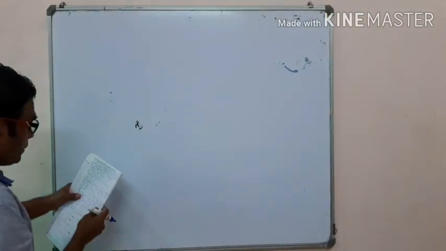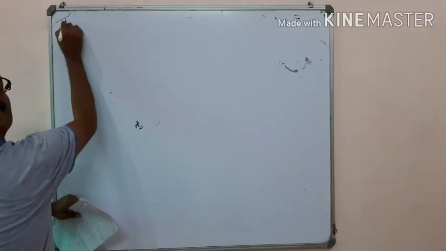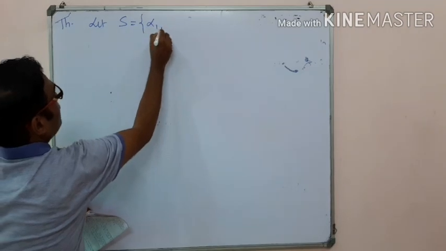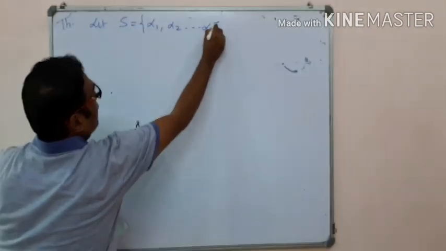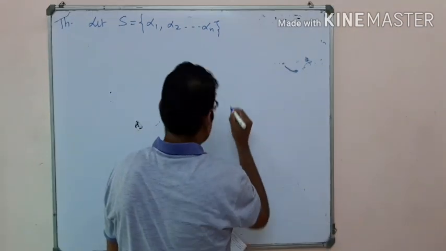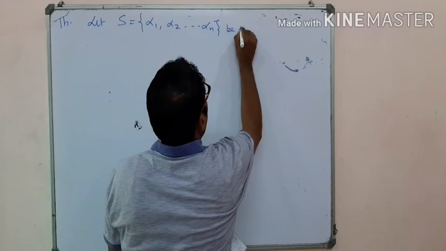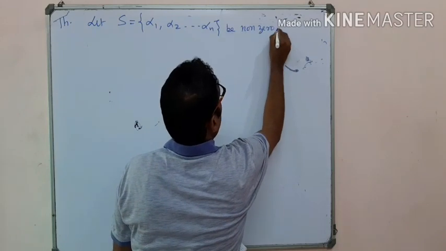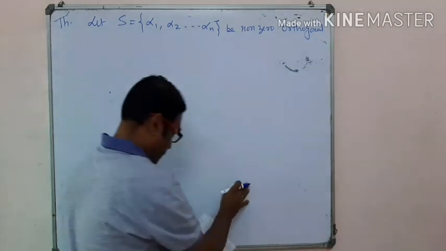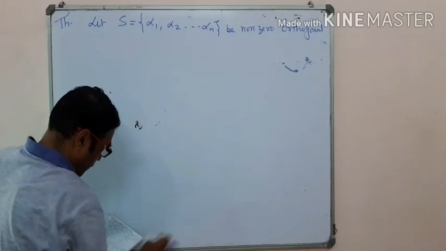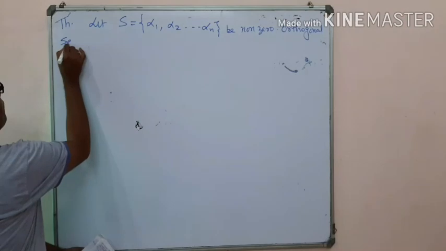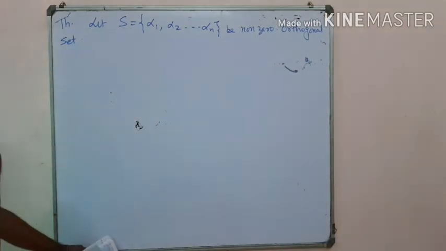Let S be the set of vectors alpha 1, alpha 2, alpha 3 up to alpha n, which is a non-zero orthogonal set, that is, S is a non-zero orthogonal set.